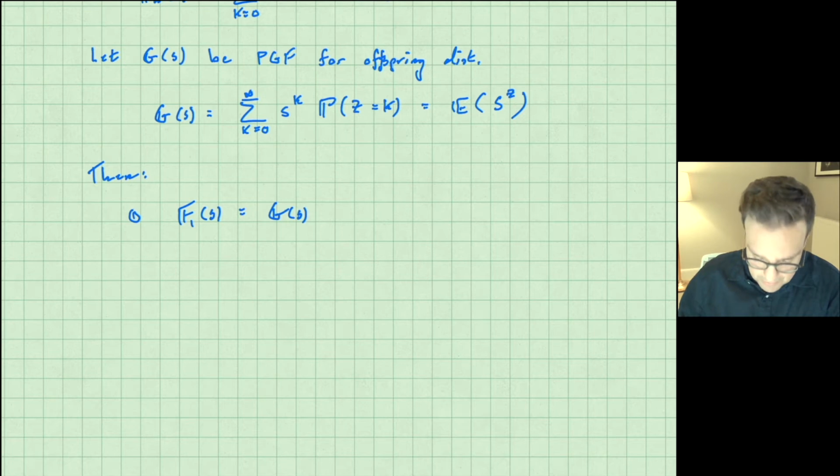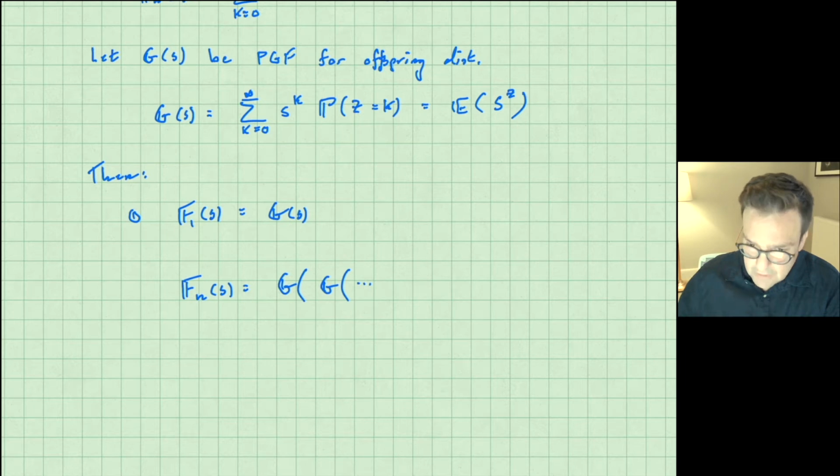The second part is that F at some later time, F sub n of S, is equal to this kind of nested expression. There's going to be a G, and inside that another G, and inside that another, and so on, up until the last one, whose argument is going to be S. Then there's a bunch of parentheses to close all those off.